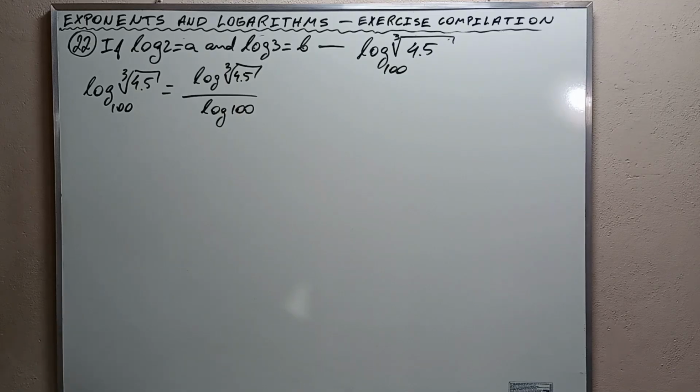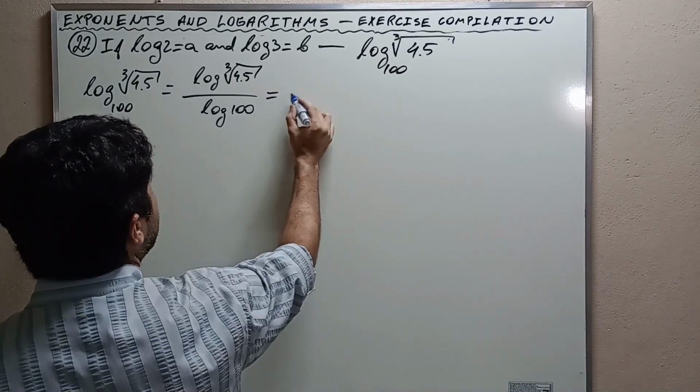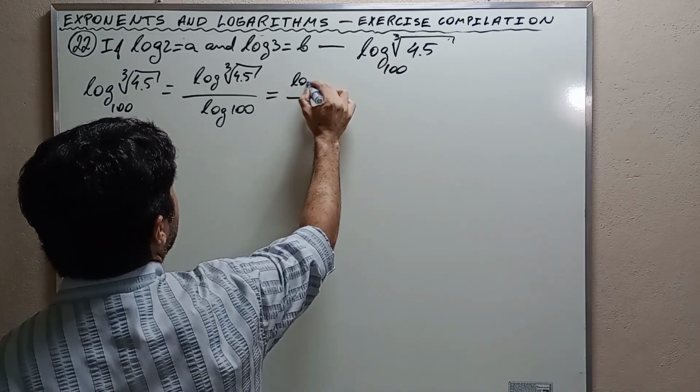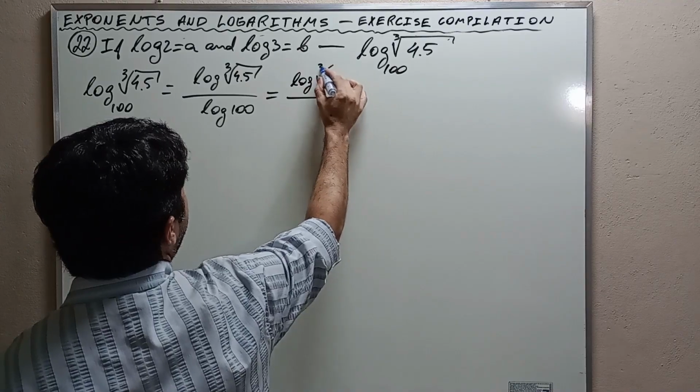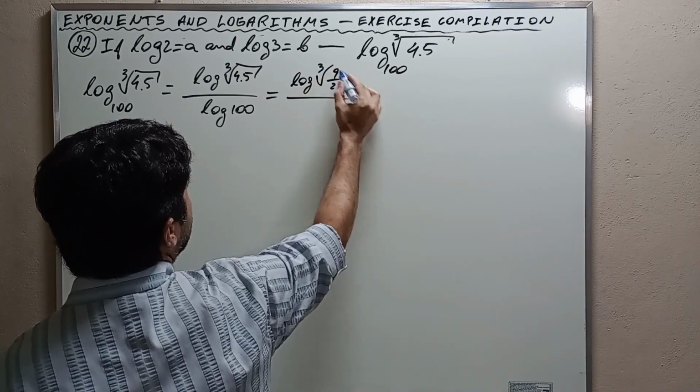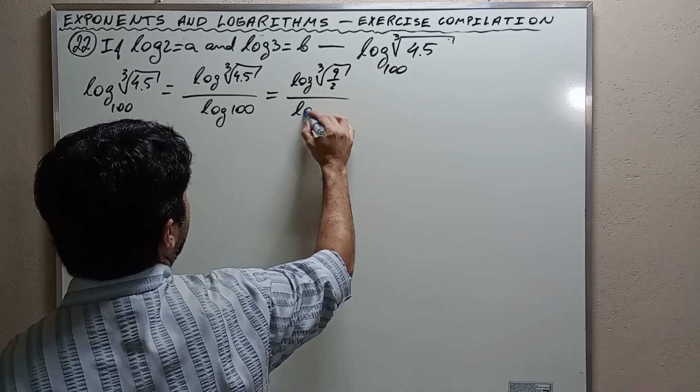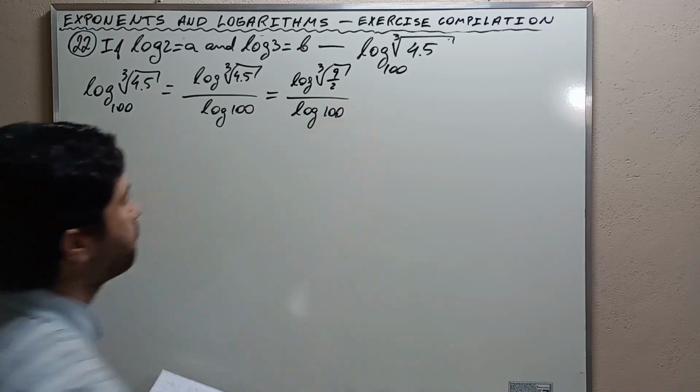Alright, 4.5 is equal to 9 divided by 2. We are going to use this: the logarithm of the cube root of 9 divided by 2, divided by the logarithm of 100.